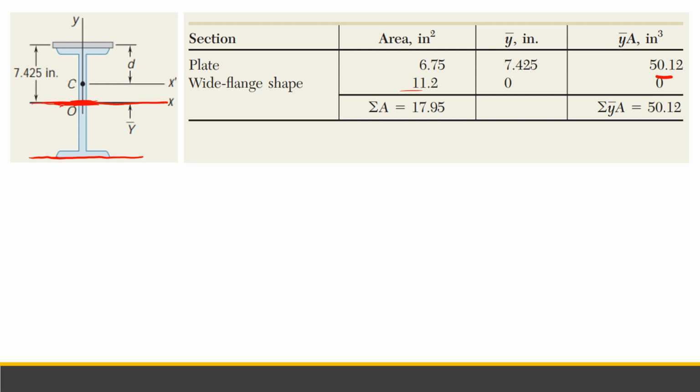is 50.12. So the formula for the first moment is y bar summation of area is equals to the summation of y bar times area. So this is for the composite area, no? So we have here to determine, we'll determine this y bar here. So this y bar is ito siya. This y bar.